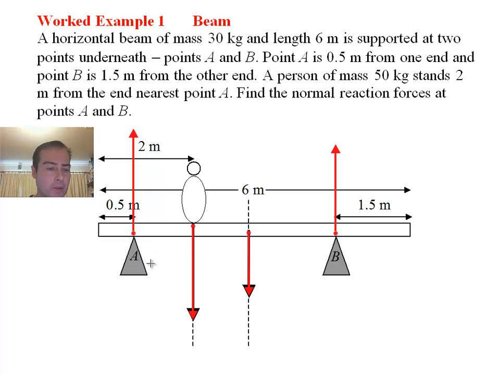Let's check that. There's support A, or point A, half a meter from one end. Yes, that's confirmed. And point B is 1.5 meters from the other end. Let's check that. Point B, 1.5 meters. Correct. A person of mass 50 kilograms stands 2 meters from the end nearest point A. There's the person. There's the 2 meters from the end nearest point A.